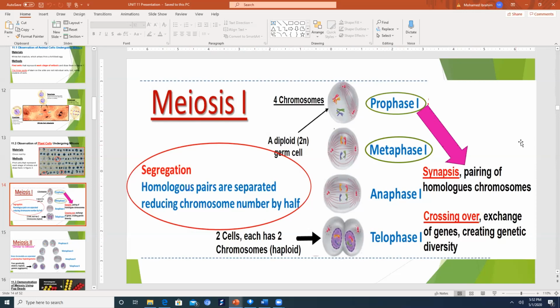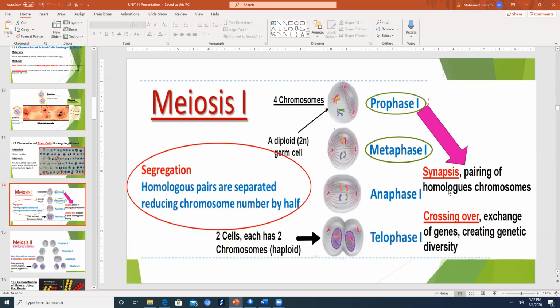In meiosis 1, especially in the prophase, this is where DNA is already replicated and condensed. Two things are happening in prophase 1, not in prophase 2, just prophase 1: synapsis and crossing over. Synapsis is going to set the stage for crossing over.